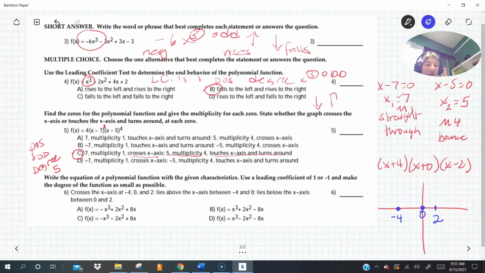So here are our 3 zeros. It says it crosses the x-axis at -4 and it is above the x-axis over here. So I know in this area it's above. And it's below the x-axis between 0 and 2. Each of these have a multiplicity of 1.